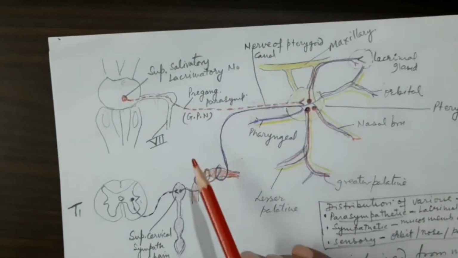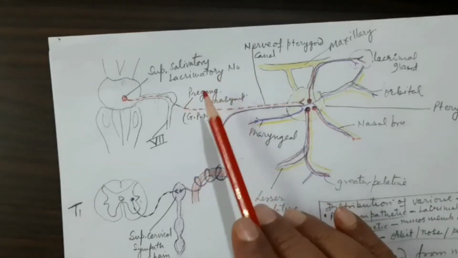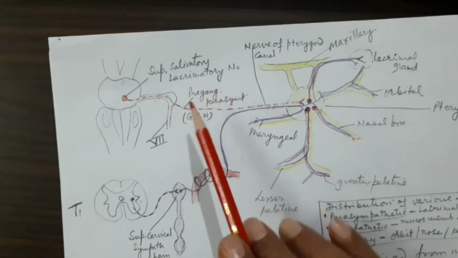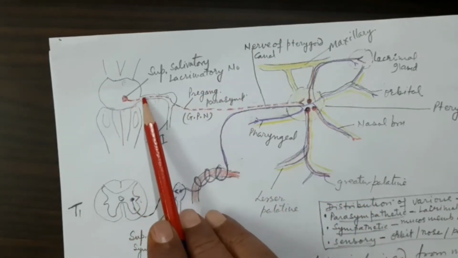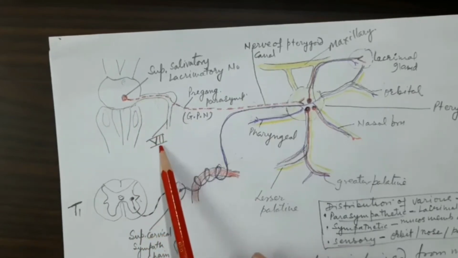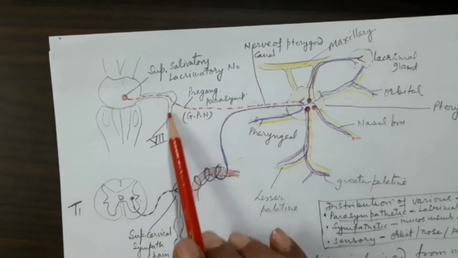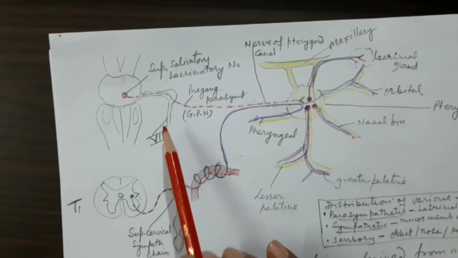The preganglionic fibers run in the seventh cranial nerve, that is the facial nerve.